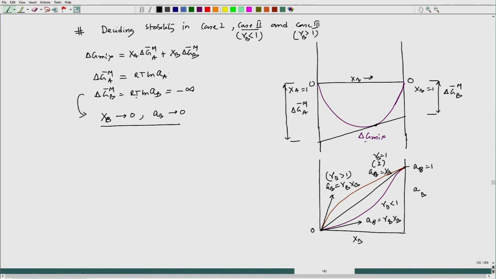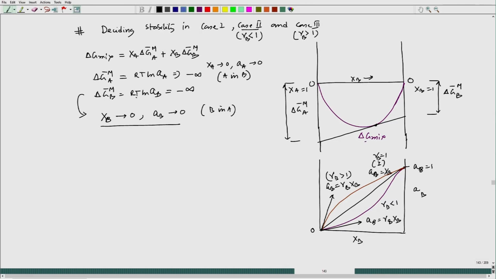In fact, if I try to look at this part, when x_A tends to 0, a_A tends to 0, whether gamma is less than 1 or greater than 1, that time this would also go to minus infinity. And here we are talking about solution of A in B, and here we are talking about solution of B in A.